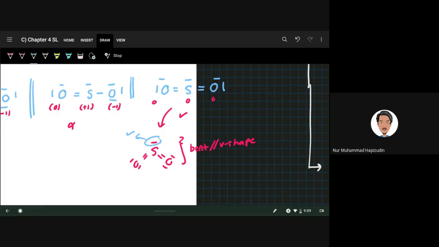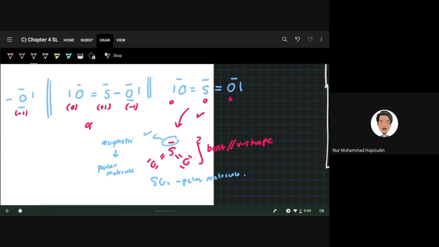So if it has one lone pair, this is asymmetric. It exists as a polar molecule. Sulfur dioxide is a polar molecule.